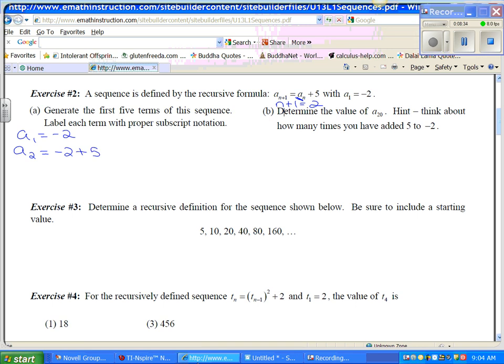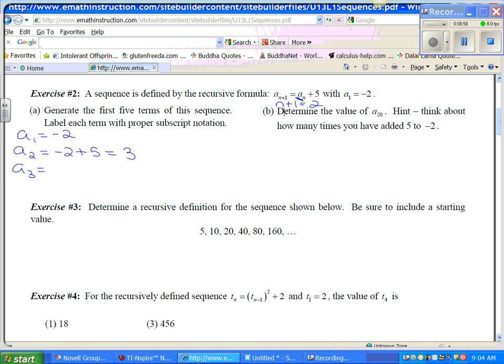You have to be able to figure out what that value of n is going to be. That's going to be really important when we get to the Fibonacci sequence. So this gives me a value of 3. Now a sub 3. What's n?